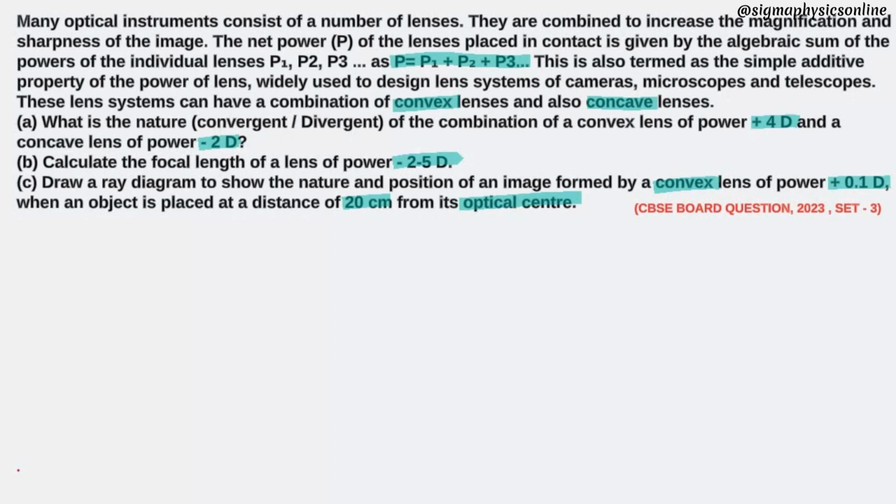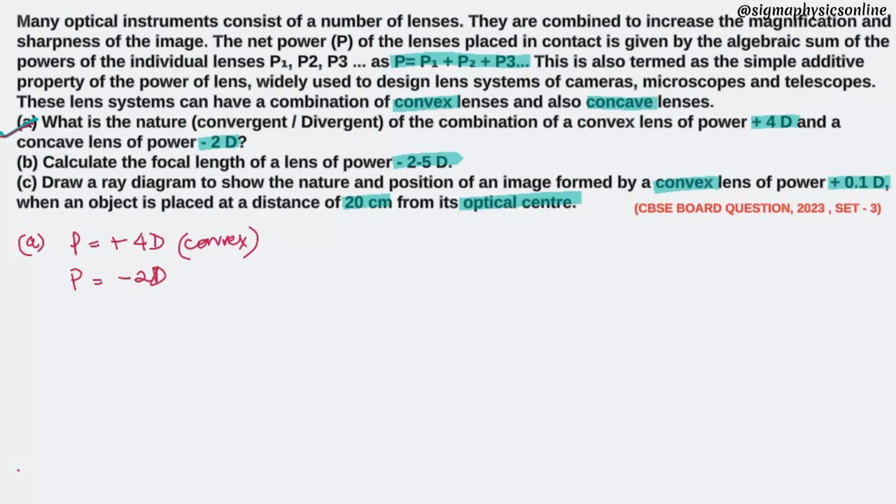So let's start. In the first question, we are asked to find out the nature of the combination of lenses. So which are the two lenses? Let's write down first. One lens is a convex lens of power plus 4D, and we have a concave lens whose power is minus 2D.